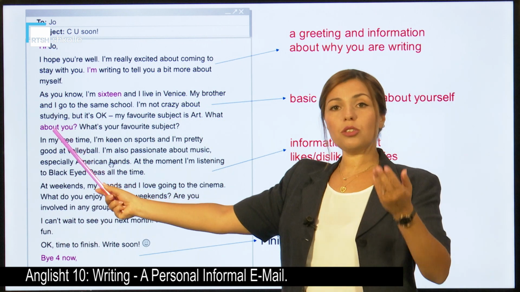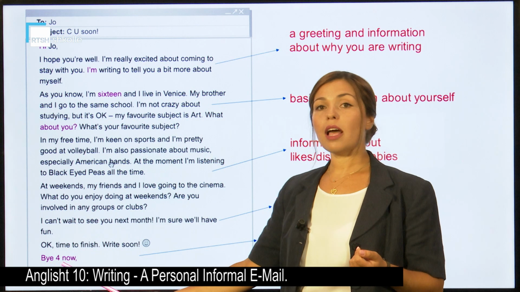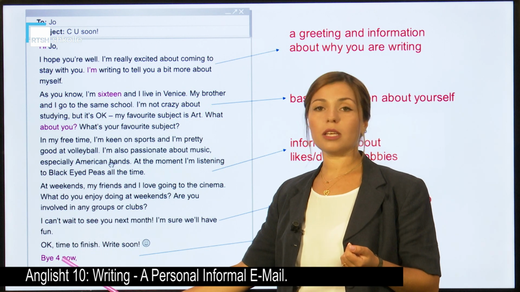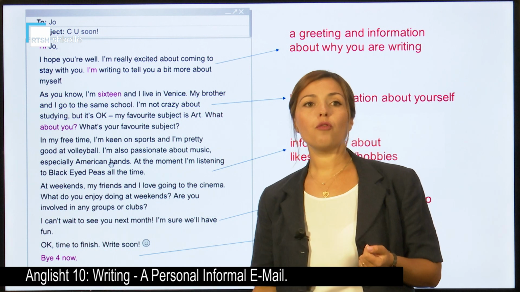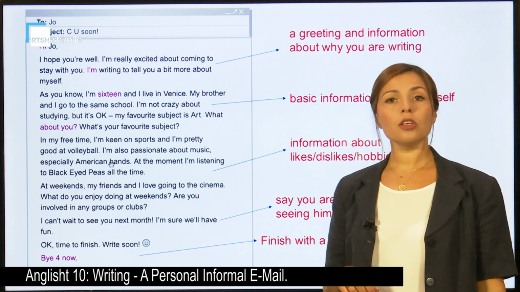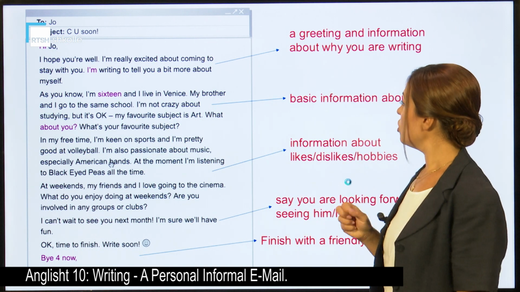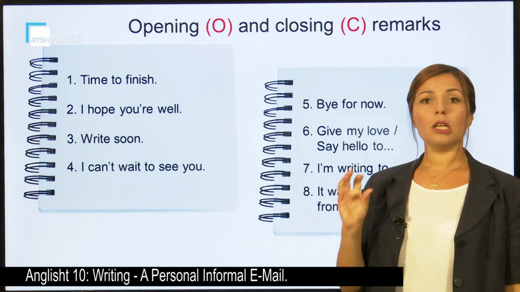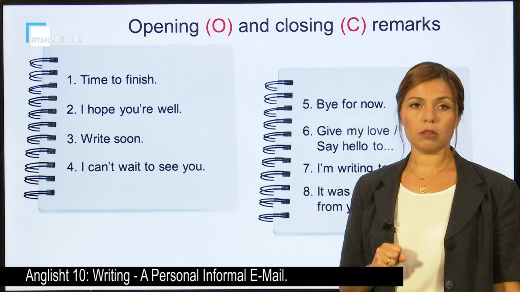You ask questions, you show interest: what about you? As you can see, the language is informal. So, all of these things you're going to keep in mind, and this is how you're going to write your own informal letter or email to your friend.